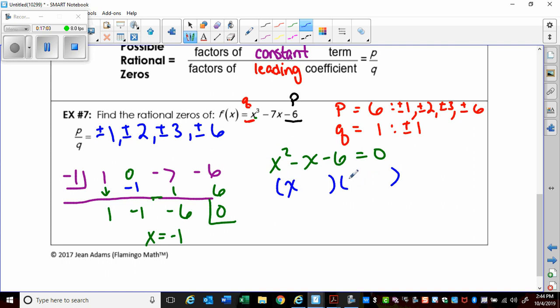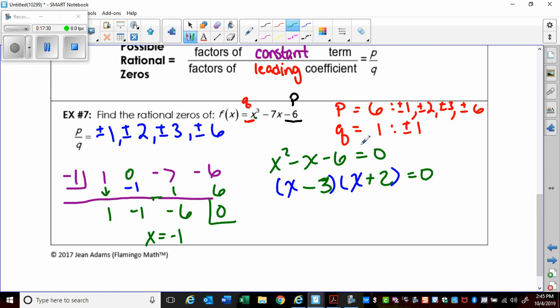I know that x times x gives me x squared. The factors of 6 are 1 and 6, but that difference is not 1. It's got to be 3 and 2. 6 is negative, so one's negative and one's positive. But the number in front of the x is a -1, so I know the bigger one has to be negative. So the 3 has to be negative. This is positive. That's equal to 0.